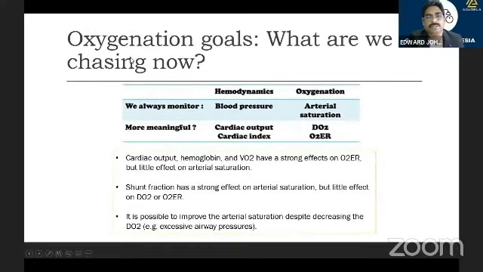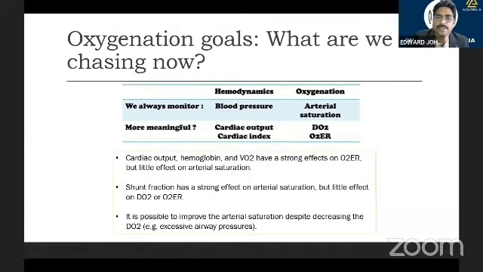So, the important question is, what are the oxygen goals? Whenever we say hemodynamic goals, we say blood pressure. But ultimately it is not the blood pressure. It should be the cardiac output, and cardiac index is more important than your measured blood pressure. Likewise, in oxygenation targets, whenever we say oxygen, we are maintaining oxygen saturation more than 90%. That is not the target.